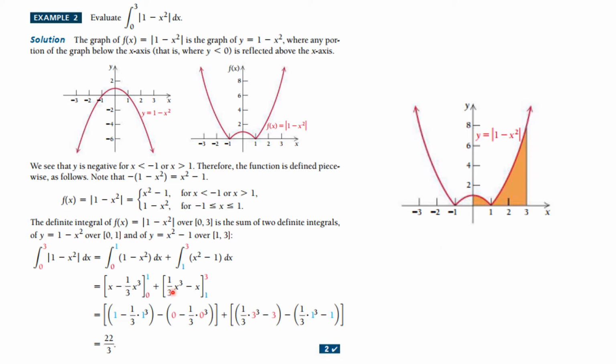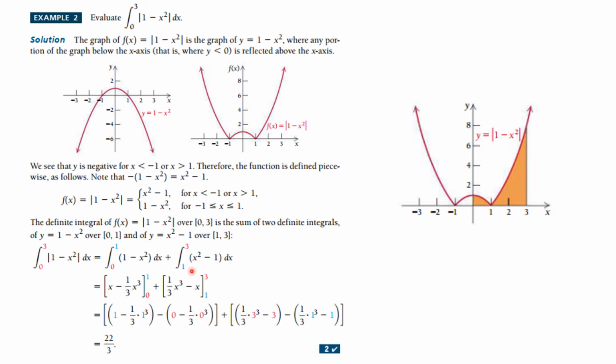So the area from 0 to 3 of that function is going to be the same as, we go up to where it changes, the integral from 0 to 1 of this function plus the integral from 1 to 3 of this function. We add 1 to the exponent and divide by the new exponent, getting this antiderivative, and we evaluate it at the endpoints using the fundamental theorem of calculus.